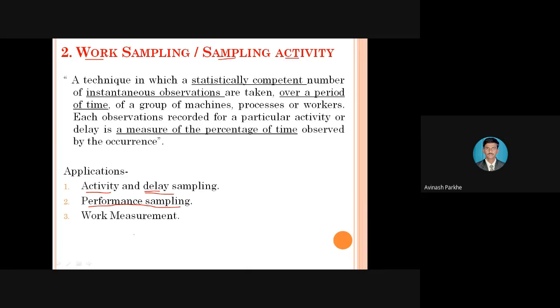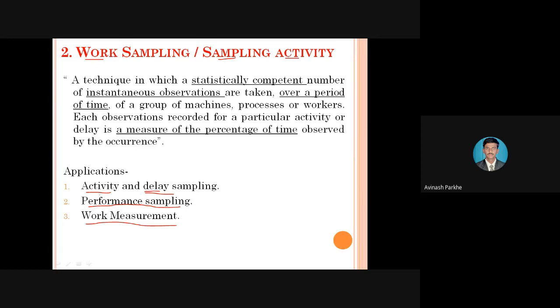And the third important application is work measurement. Whatever task the operator is performing, how much time is required to complete that particular task, that time is work measurement, and that also we calculate by using work sampling. So these are the three major applications.